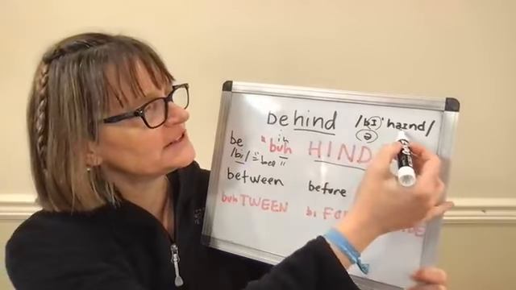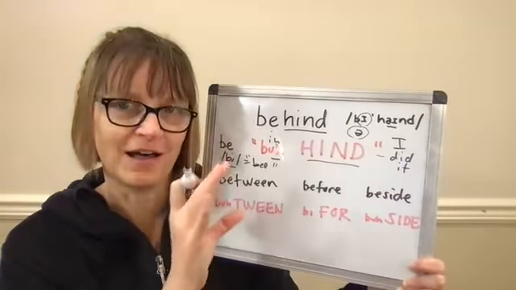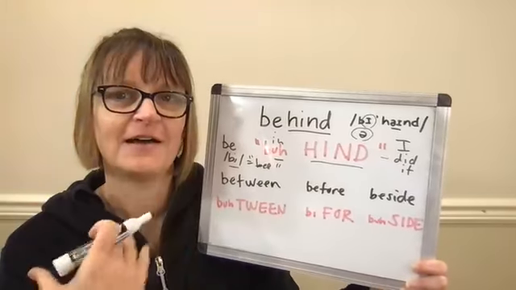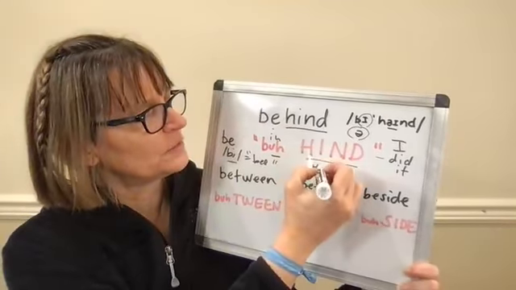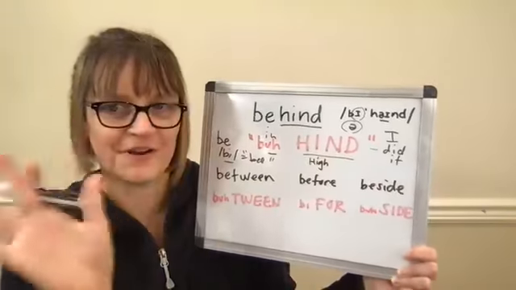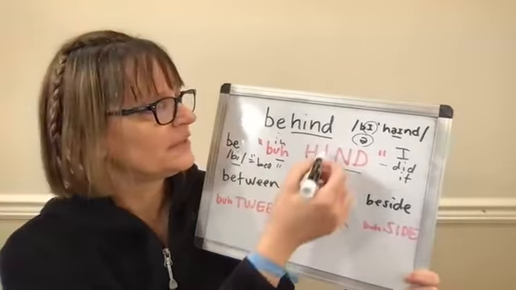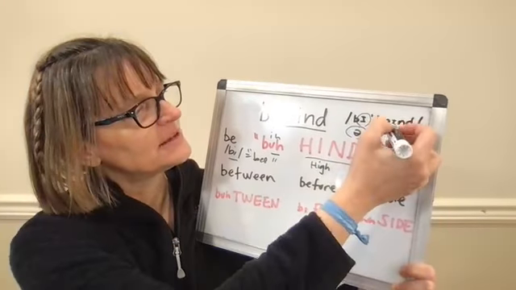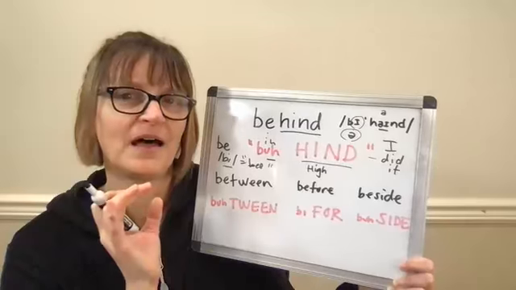Then for the second syllable, we just have that tense diphthong I, just like in the word I, or you can also think of this as the word high with an nd, hind. So here the error tendency is that sometimes that diphthong just turns into more of an ah and people end up with behind.